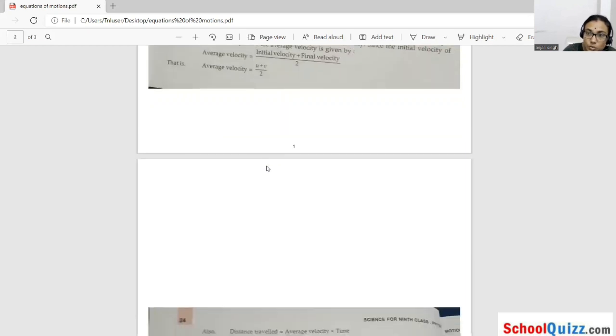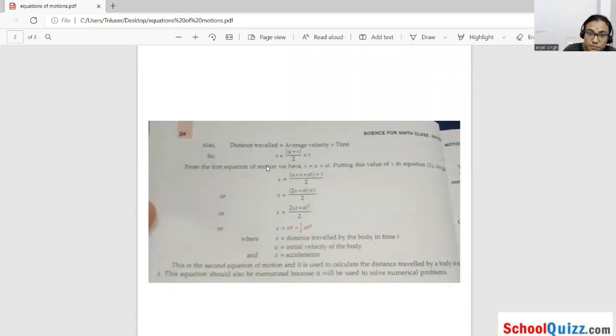So here we are dealing with velocity, so it means initial velocity plus final velocity upon 2. So the average velocity is u plus v by 2. Clear? Now, okay, now I'm going to use this a note.